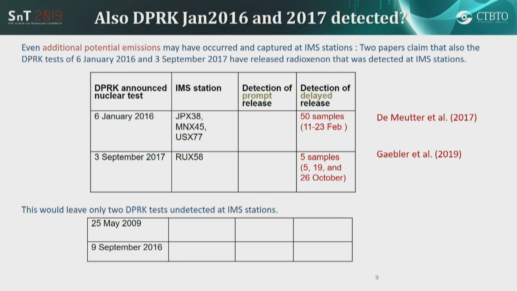In one case, three stations were used, in the other case, only one. This leaves only two tests that so far no studies have claimed to see and associate any IMS radionuclide station detection to the announced nuclear tests.